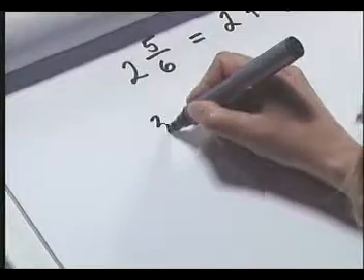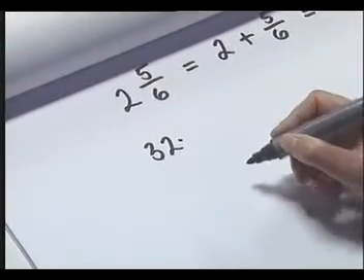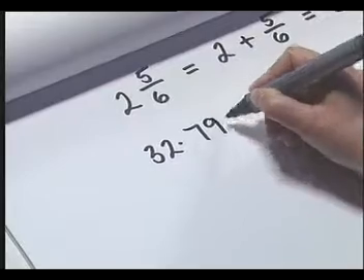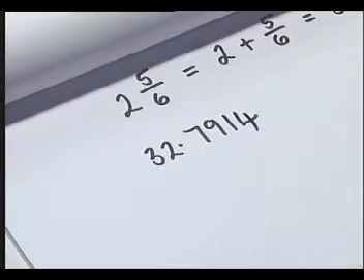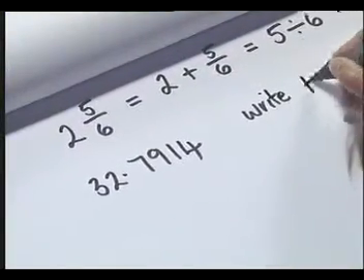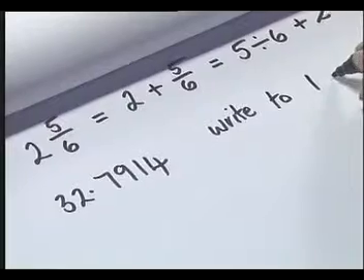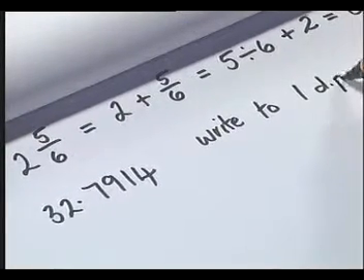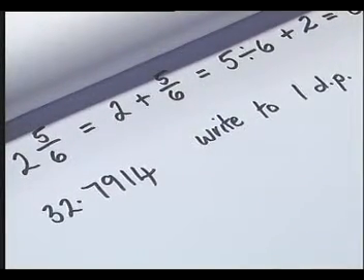Let's take an example: 32.7914. And let's say I want the answer written to 1 decimal place, and often decimal place is abbreviated to DP.